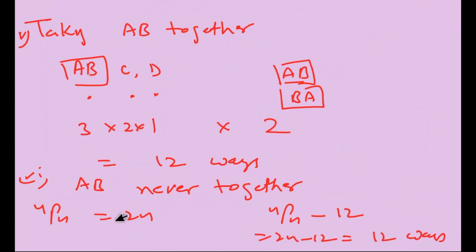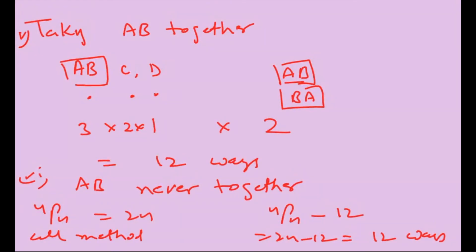That is 24 all methods, and these are the together methods, and this is the never together method. So total methods minus all together methods, 24 minus 12, equal to 12 ways. Understand this: if you want to find the never together, first you have to find the together, and the first question also you have to find out. Okay students.